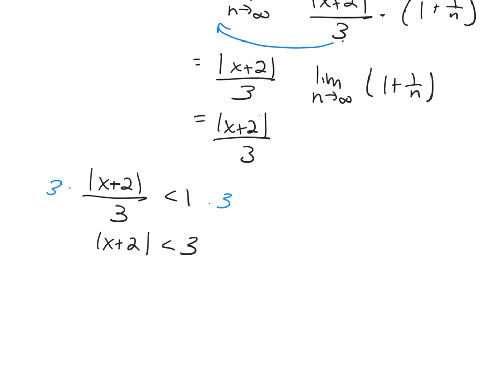once the absolute value is isolated, you know what your radius of convergence is. So what's my radius of convergence? R equals the number that's right here, 3.